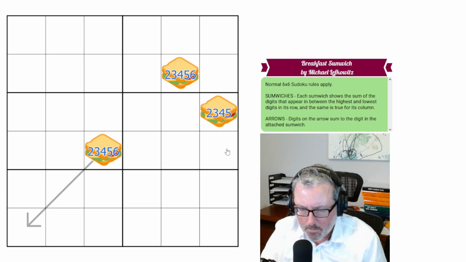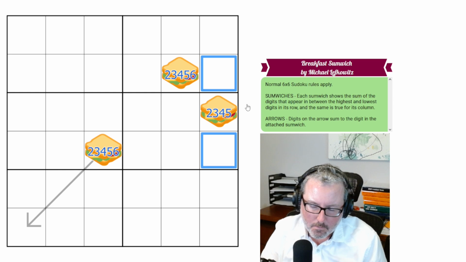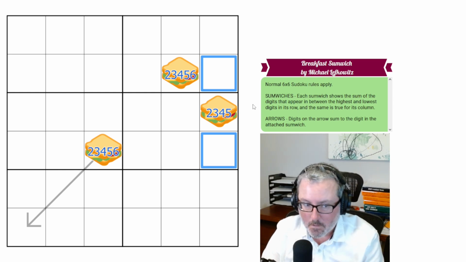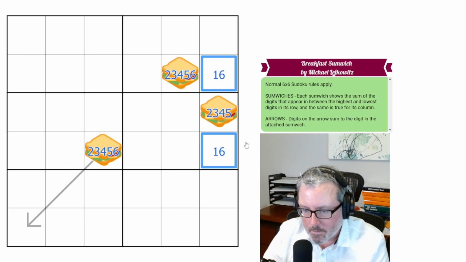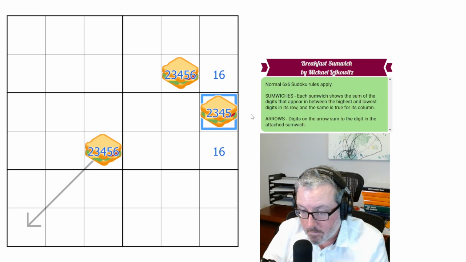So the only other option in this case would then be to put the 1 and the 6 on either side of the sumwich, which actually could work. Because if you put 1, 6 here, the digit that's in between the lowest and the highest digits, 1 and 6, would be the sumwich itself. So that is a possibility.